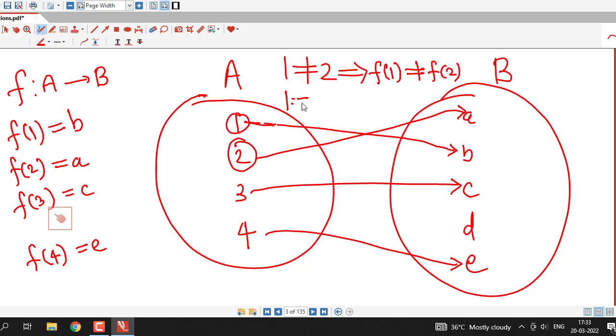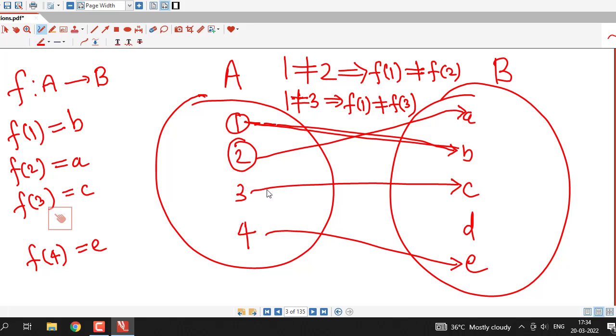Similarly, if we consider the possibility 1 and 3, then the image of 1 is B and the image of 3 is C. So the images of 1 and 3 are also distinct.